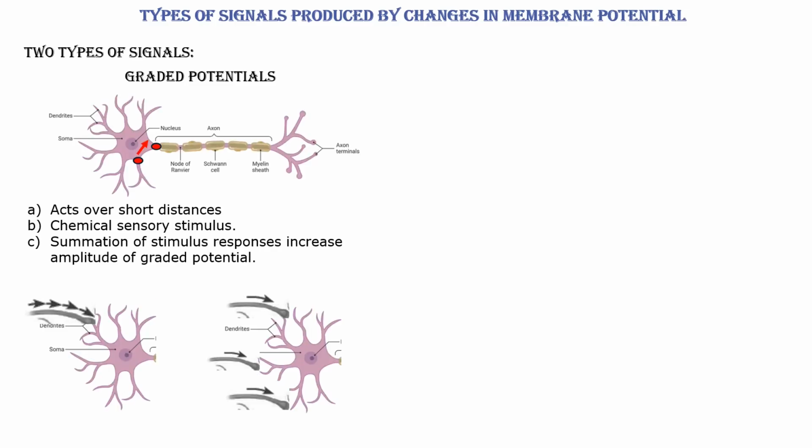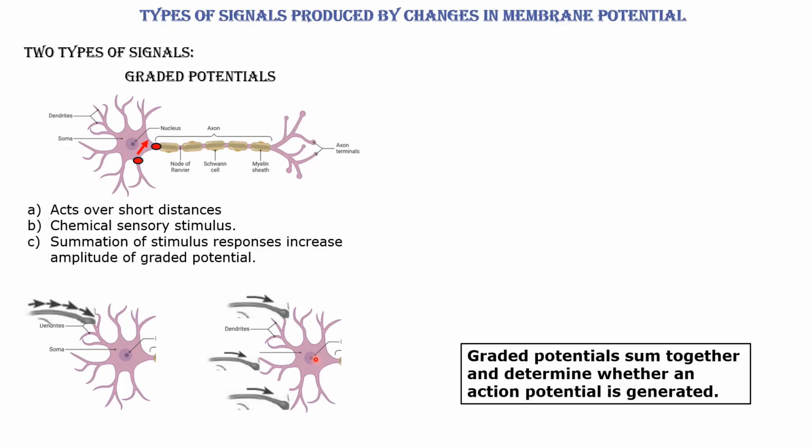What happens in graded potential is that the stimulus which is received by the dendrites of a neuron from the previous neuron, in this region of the cell body, acts over short distances, and it is the summation of multiple stimuli which reaches these dendrites. When this summation reaches a certain threshold, they sum together and determine whether an action potential will be generated.